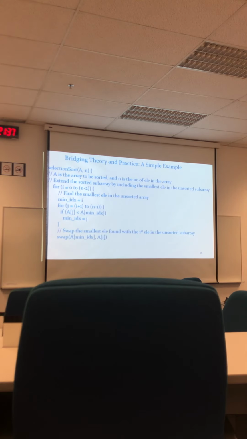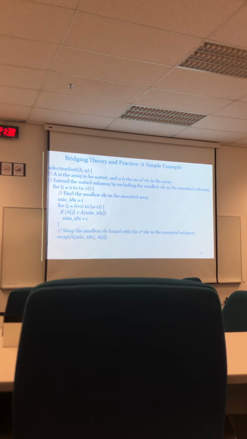Then after that, we compare the element with every subsequent element, right? So this for loop compares with every element. After this for loop is completed, min index will be the index of the smallest element.